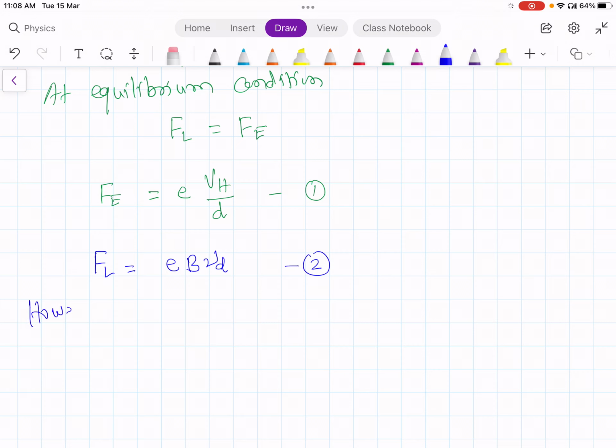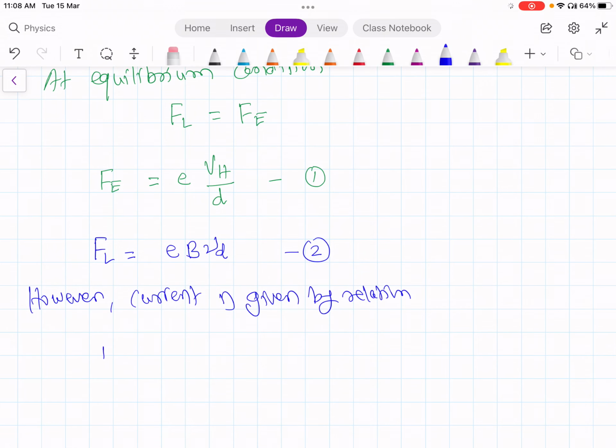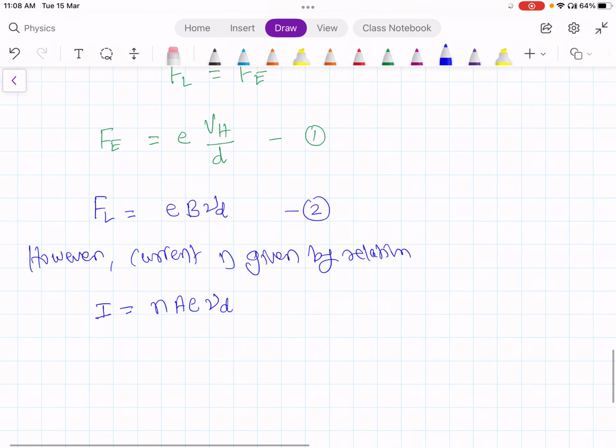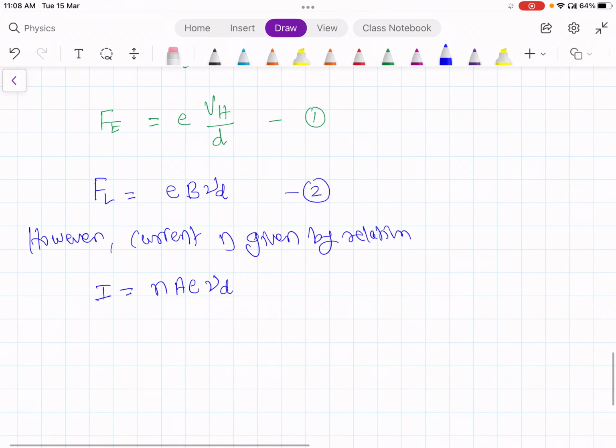However, current is given by the relation I equals N A e Vd. Vd is the drift velocity, e is the charge, A is the cross-sectional area of the semiconductor, and N in this case is the number of electrons.